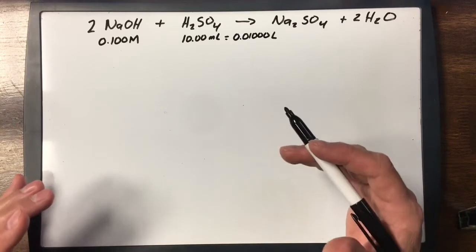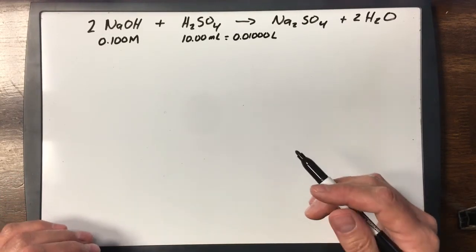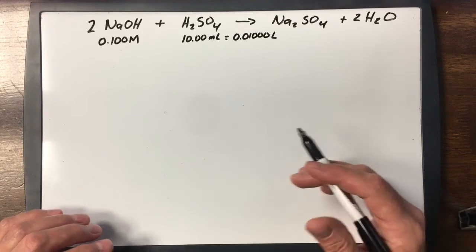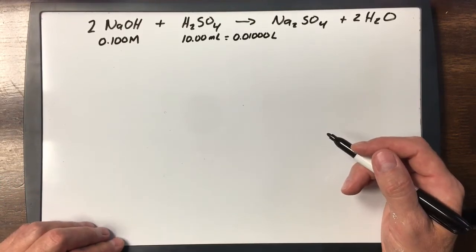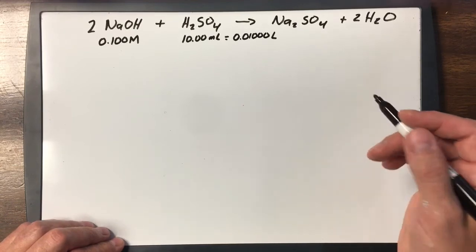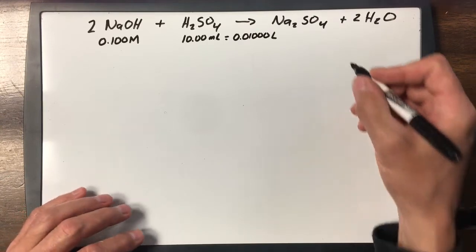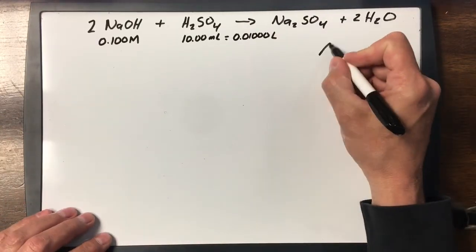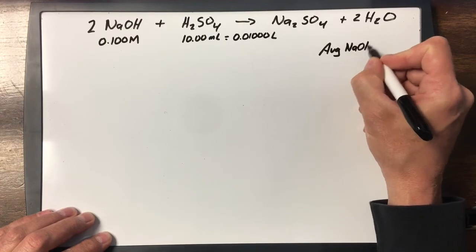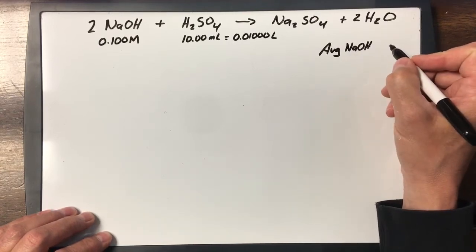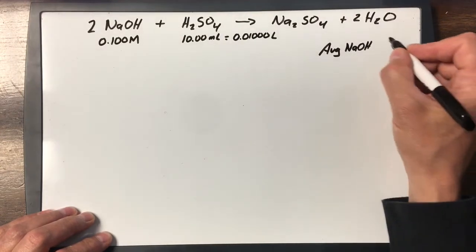Now, if you look at the data table, it shows you the amount of sodium hydroxide required to neutralize 3 different samples of the sulfuric acid. So realizing that there's going to be error in anything that we do, we want to calculate the average amount of sodium hydroxide necessary to neutralize these 10 milliliter samples of sulfuric acid.